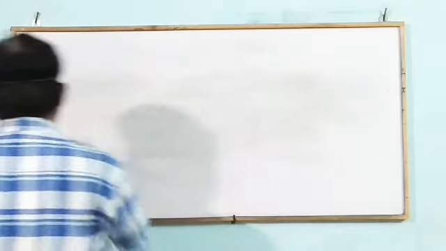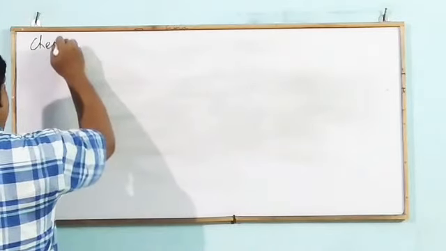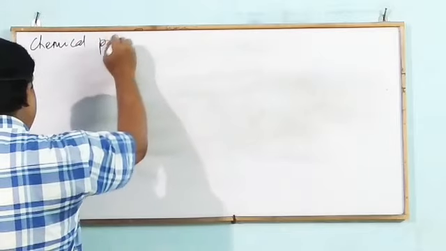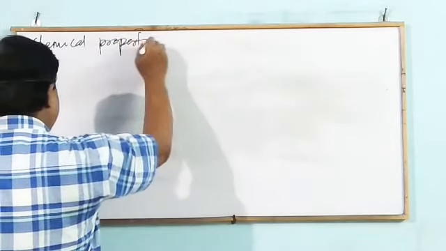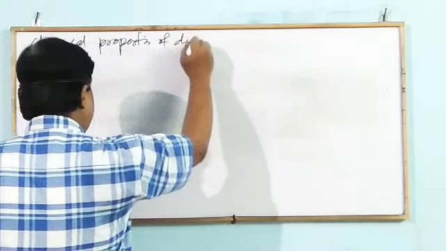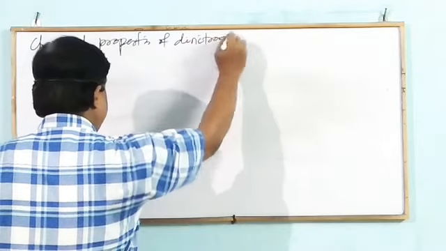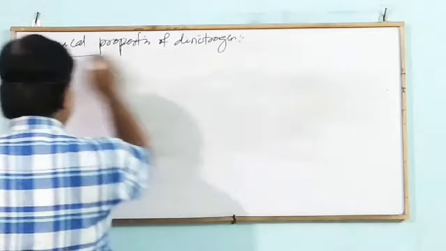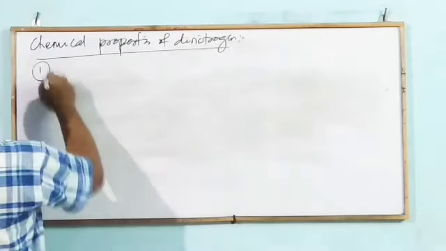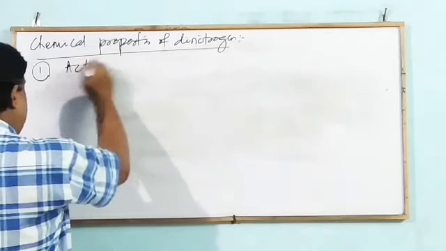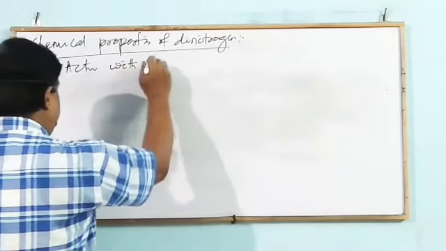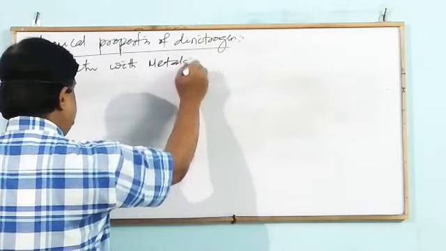Next one is chemical properties of dinitrogen. Point 1: action with metals.